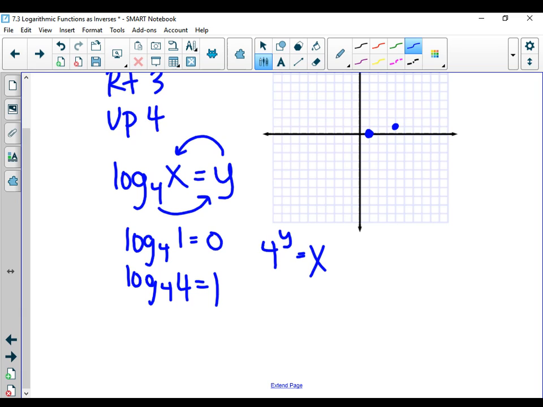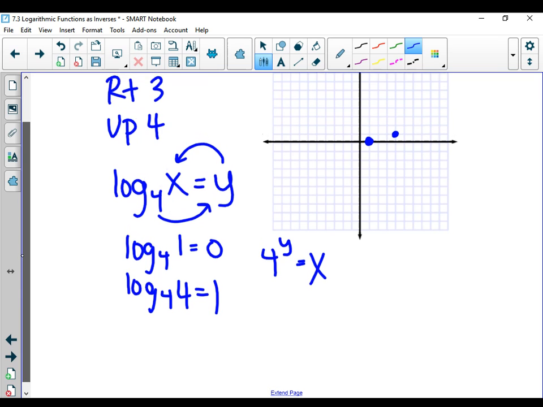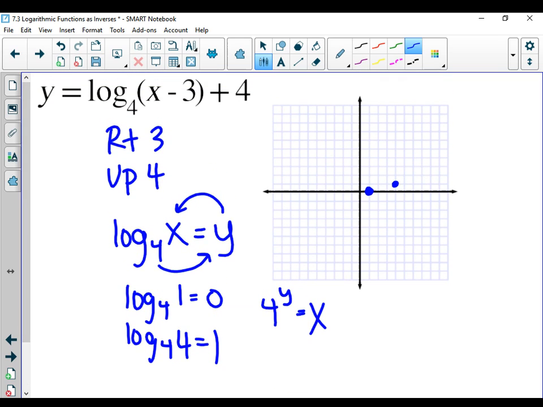All right? Now my vertical asymptote is at 0. Did I move left or right anywhere? I'm going right 3. If I'm going right 3, that's where my new vertical asymptote is. Now, all I have to do is move both those 2 blue dots right 3, up 4.